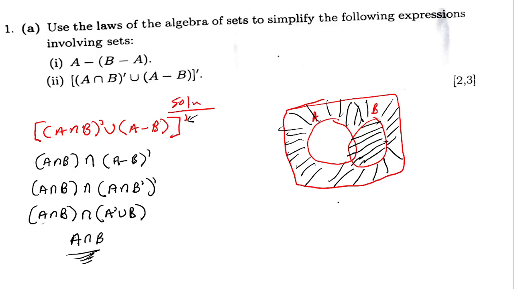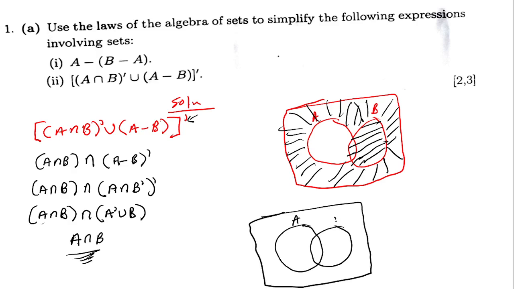Then when you pick A intersection B, let me just sketch it. So you have that and that one there. Then this is your universal set. This is your A, this is your B. Then if you are looking for A intersection B, it is this particular set.